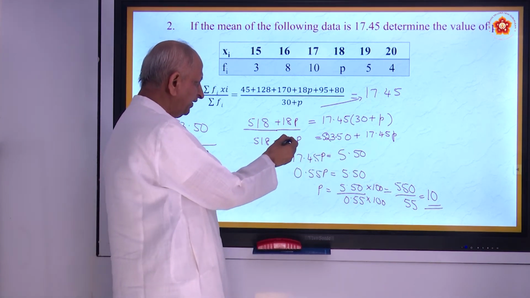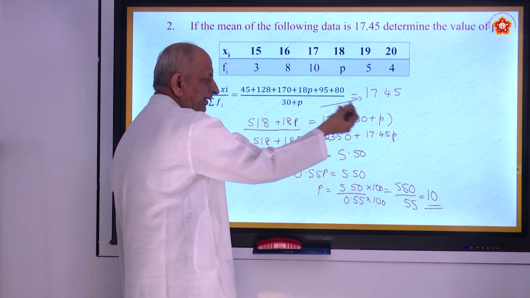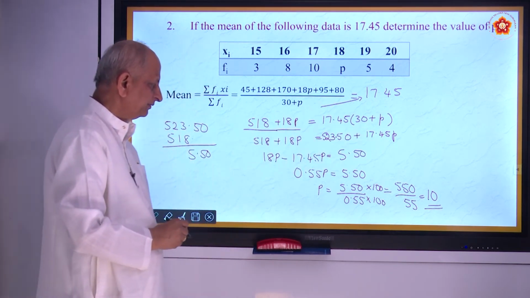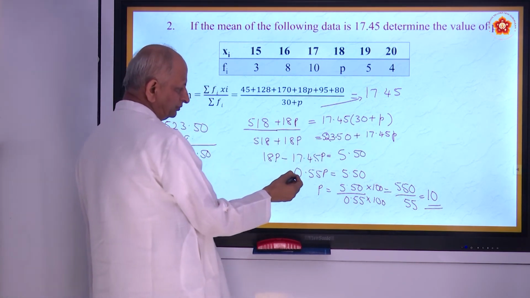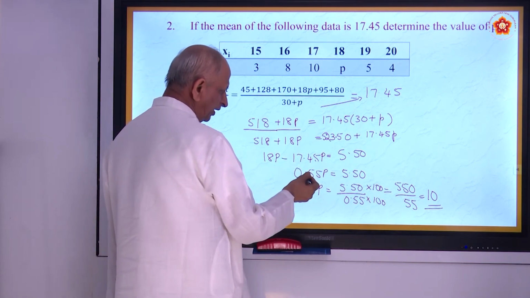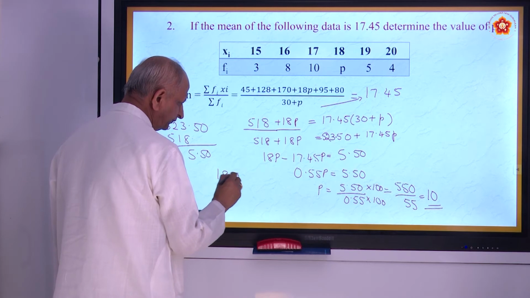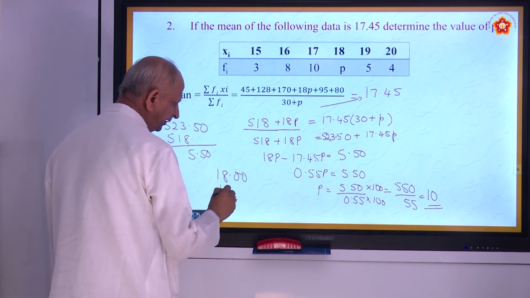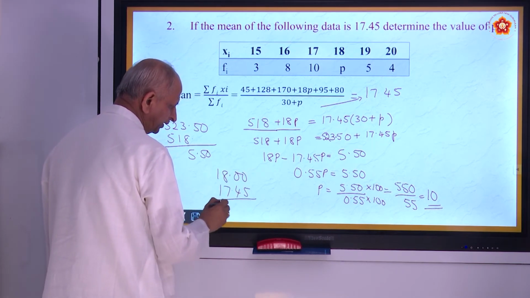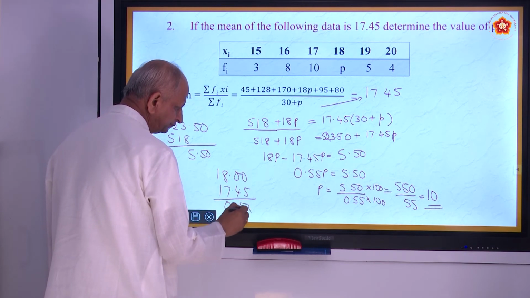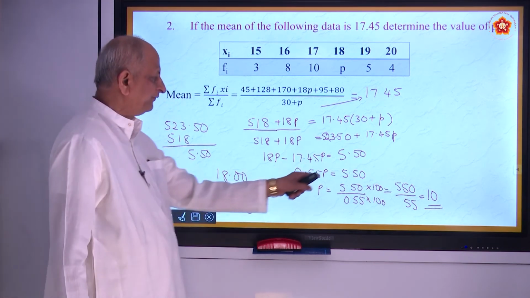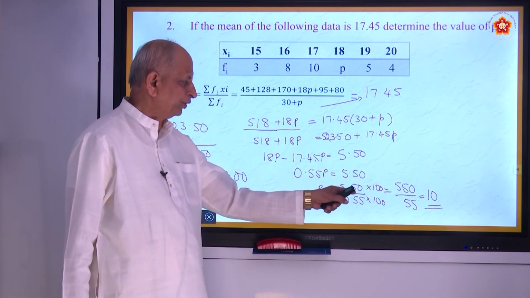On the left side you have 18p, and 17.45p brought to the left side. So if you subtract these two, you get 0.55p. 18 is there, you have to subtract 17.45. You get 0.55p is equal to 5.50. Multiply by 100 on both sides.